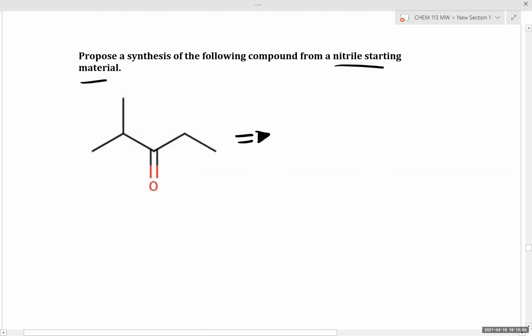So let's take about 3 to 4 minutes, and I'd like us to try to draw the structure of our starting materials and to draw the forward reaction to complete this synthesis. Note, there are at least 2 possible solutions using the method that we just learned in class today.